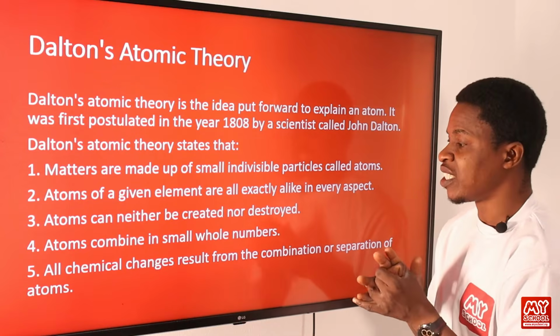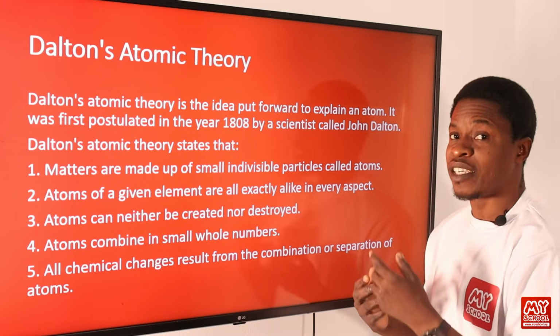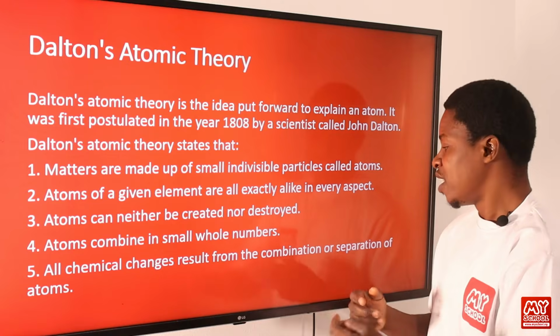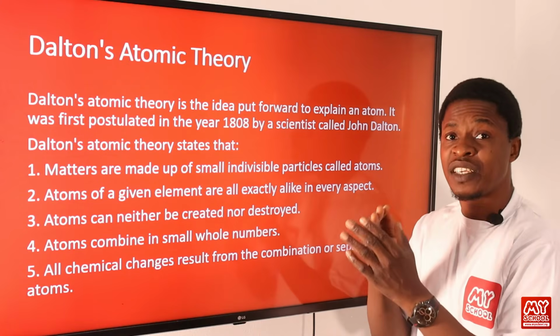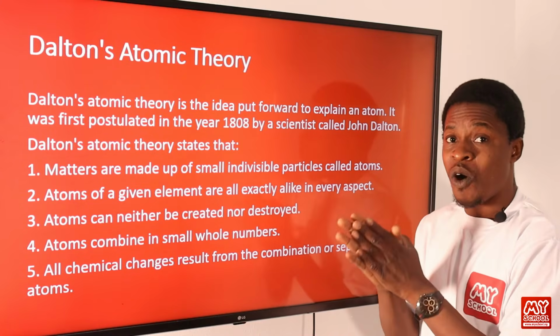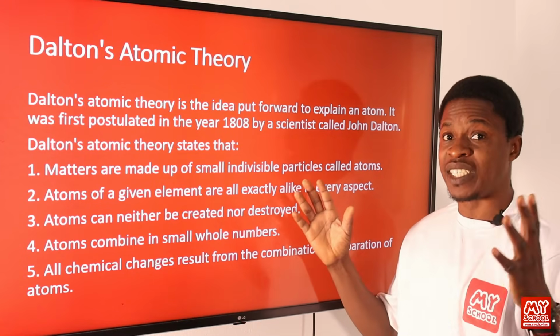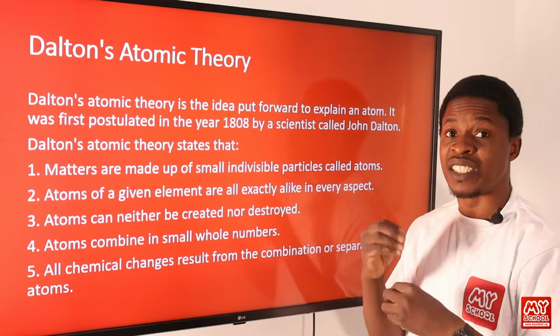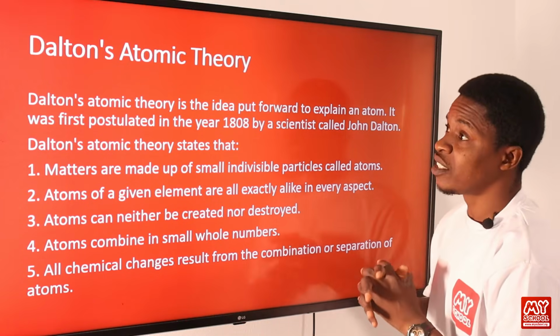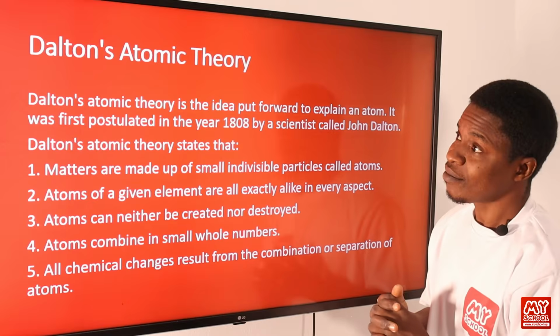That is, all chemical changes come about as a result of atoms combining together, or when atoms of a compound are separated. Let's move on to the next slide now.